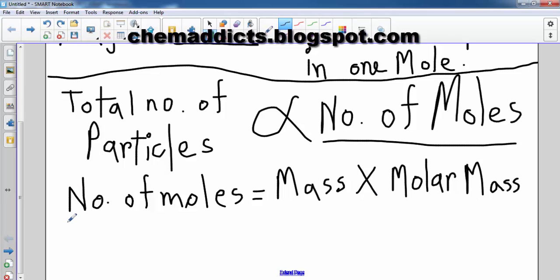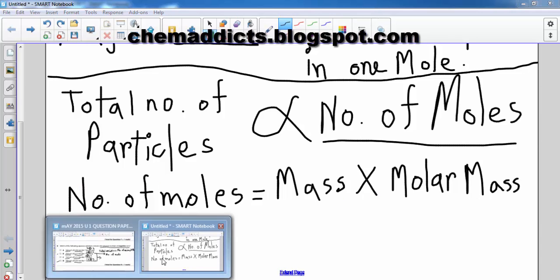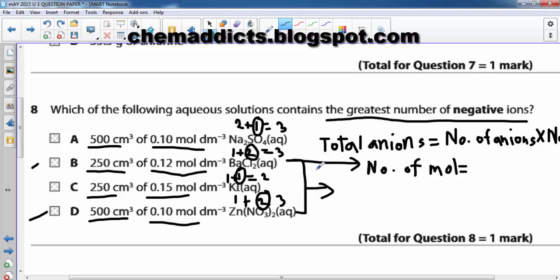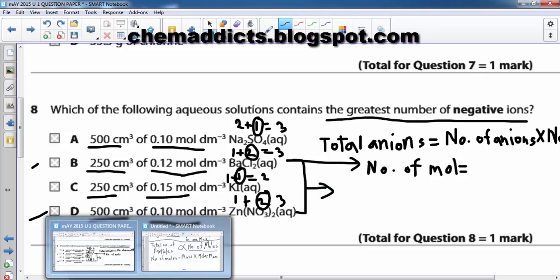We will use this equation here, and if we calculate, we will find the number of moles of barium chloride. We need to convert this cm cube into dm cube. So let us do the calculation.